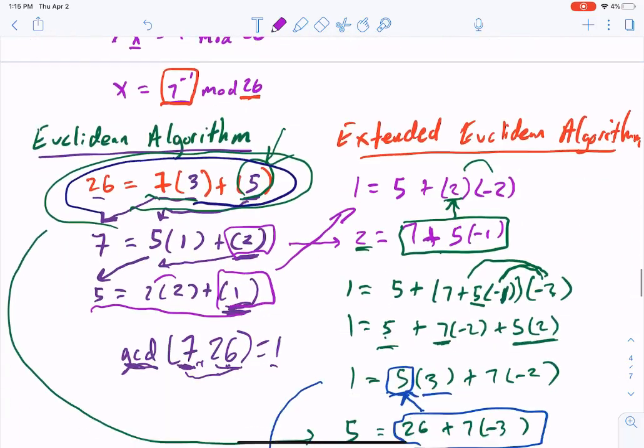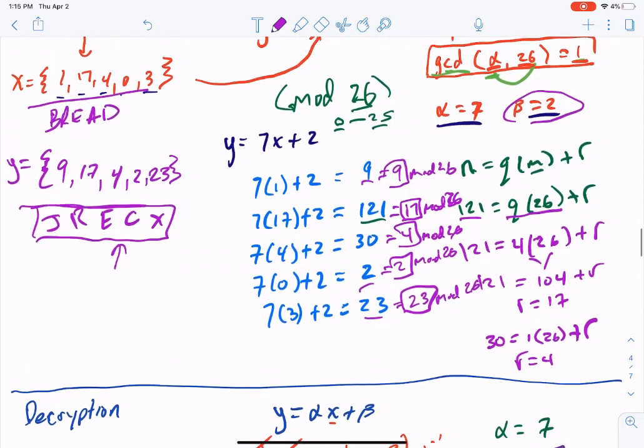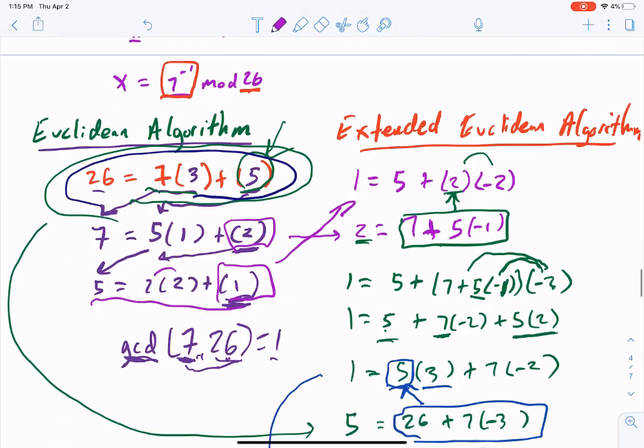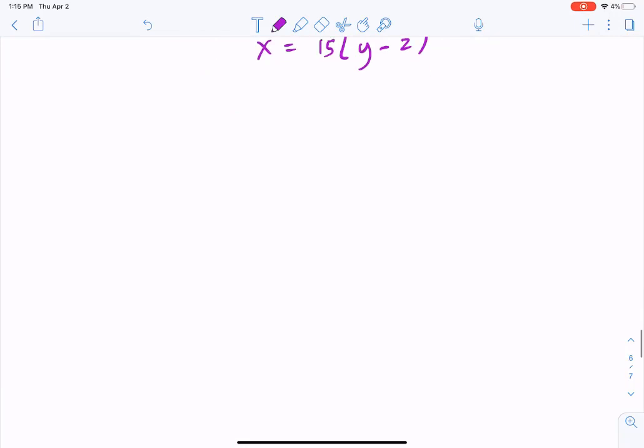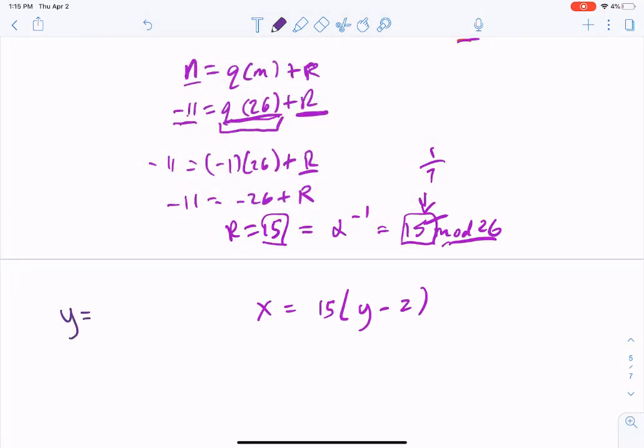Okay, so let's take a look at my y values. What were they? Encrypted, it was JRECX, which is 9, 17, 4, 2, and 23. Okay, so go back. Y equals 9, 17, 4, 2, and 23.